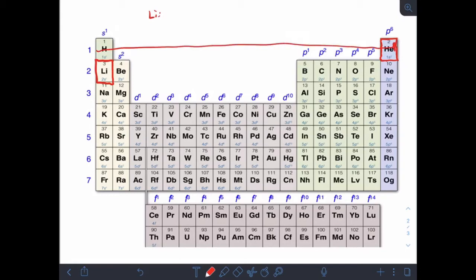When I have an s2, I list it. So I say 1s2. Now I go to the next line, and that's where lithium lives, and lithium's address, its house number, is 2s1. It's in the first column of row 2.